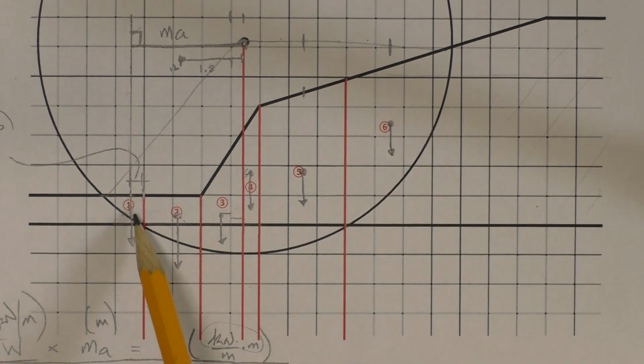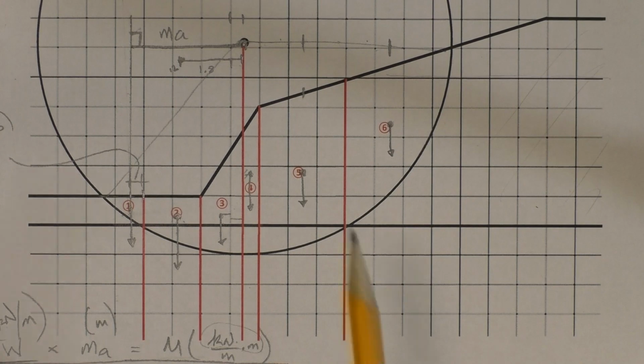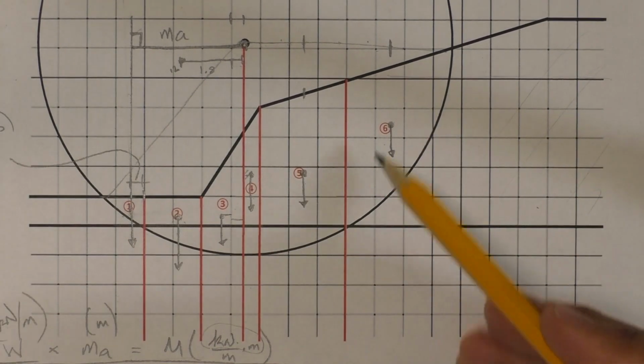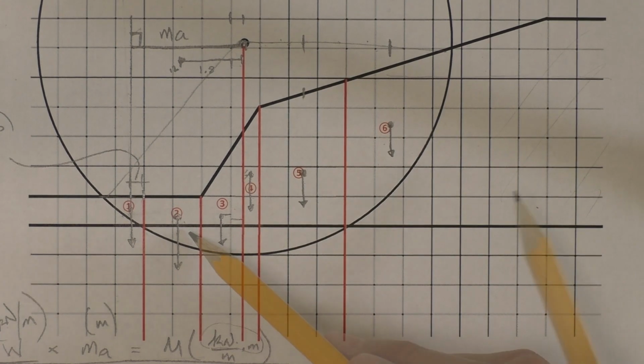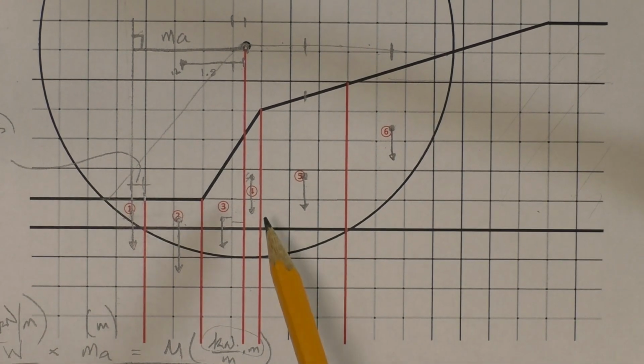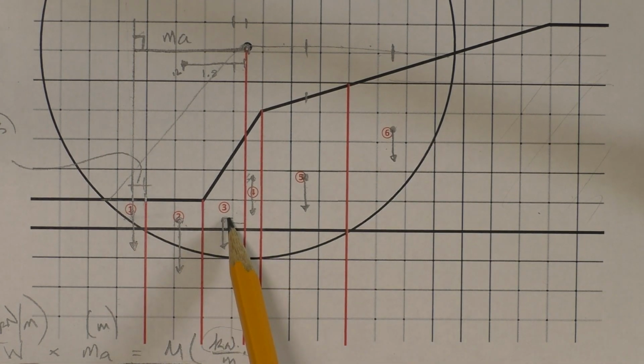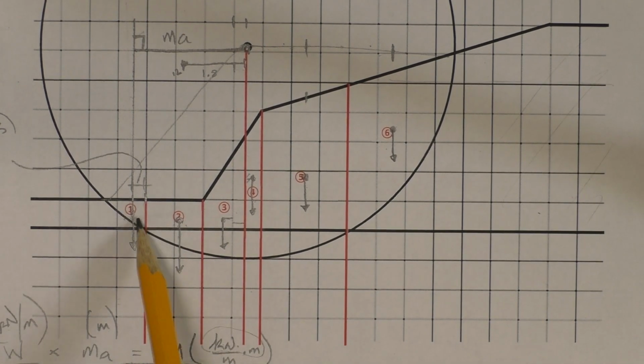So if we were to remove 1, 2, and 3, then slices 4, 5, and 6 would slide to the left, right? Now, what would happen if we remove 4, 5, and 6, but we leave 1, 2, and 3? If we do that, 1, 2, and 3 will slide to the right.